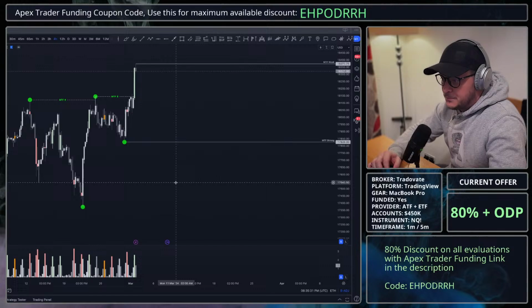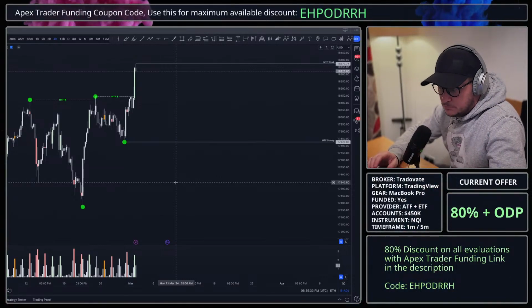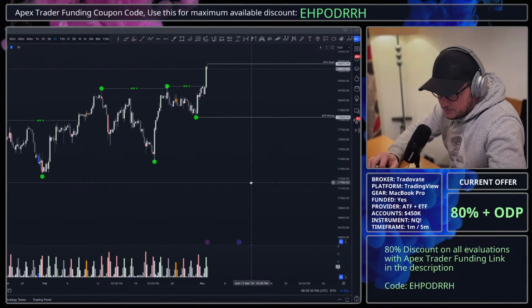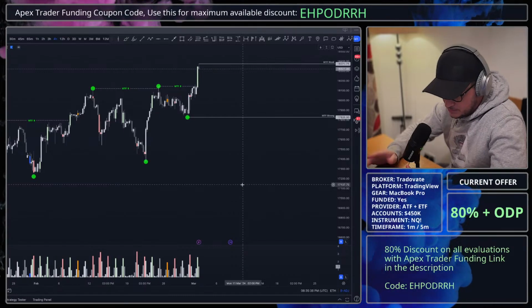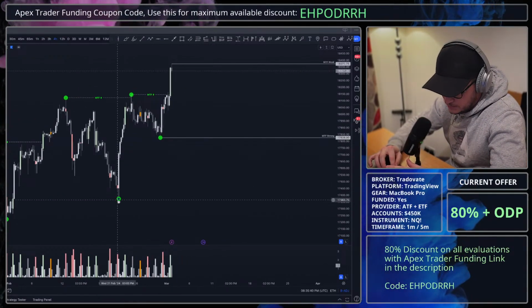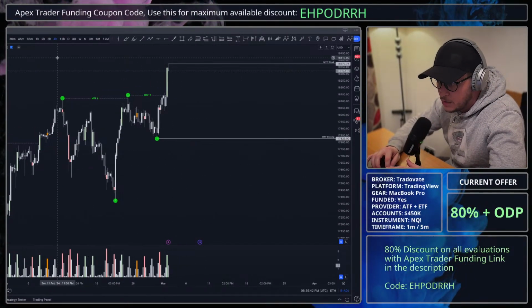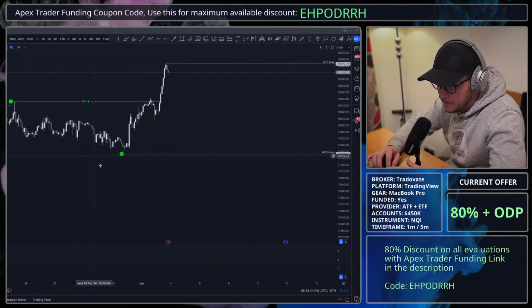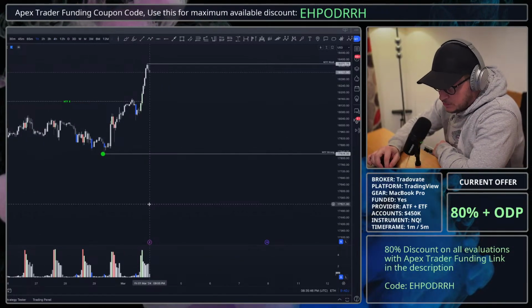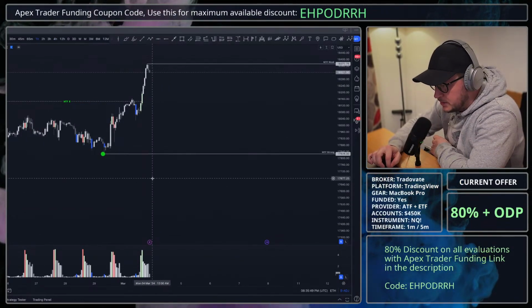Okay, now that we've mapped out the areas of interest to us in terms of at least the market structure, we've got our highs and lows and our swing points. I want to go into the 1 hour. And here's where we have a little bit of a spanner in the works, right?